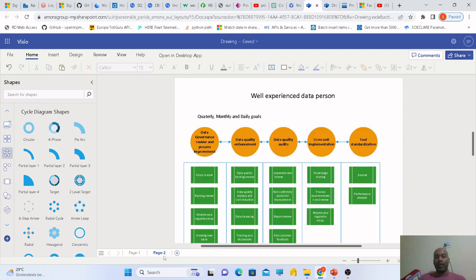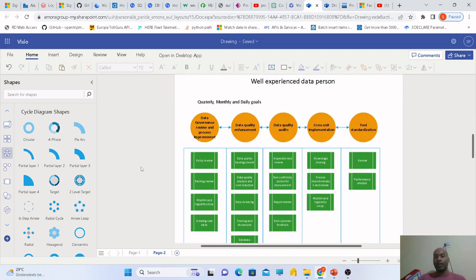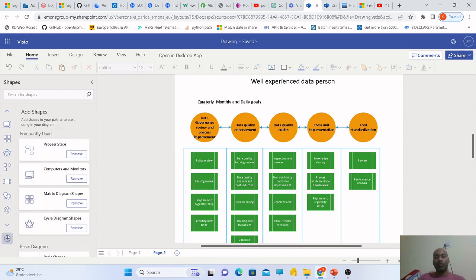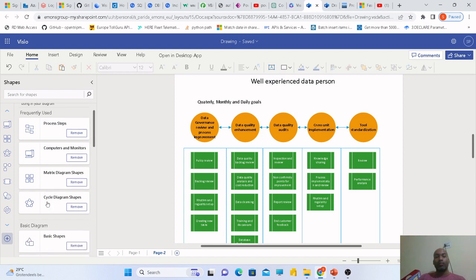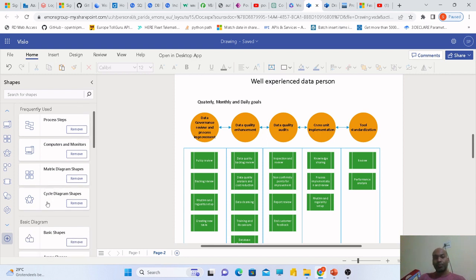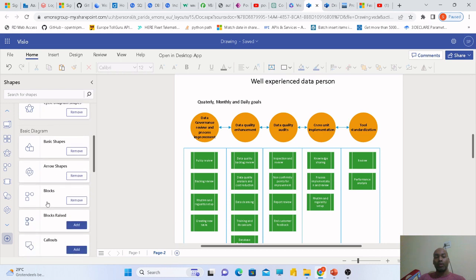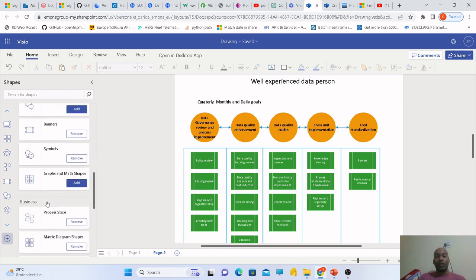For example, I created my own flow diagram, not a data flow diagram, but a kind of flow diagram for job cards. Here I have shown blocks which were not discussed in my previous slides, but as you can see, Visio offers a lot of different blocks that you can use to show your process.